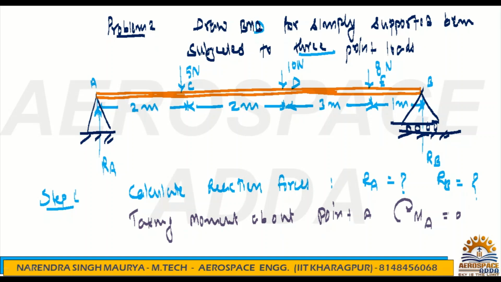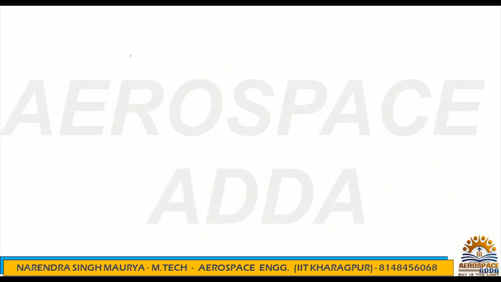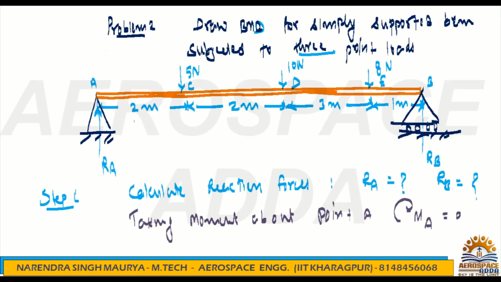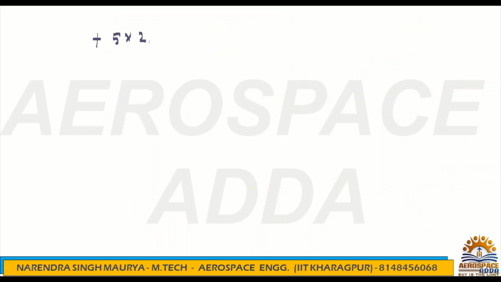Now if you take moment about A, this 5 newton will give a clockwise moment about A. So 5 newton into this 2 meter, plus 5 into 2, because the 5 newton force gives a clockwise moment, and the distance from point A is 2 meter.